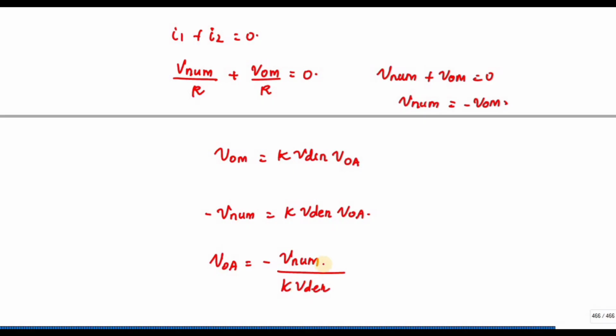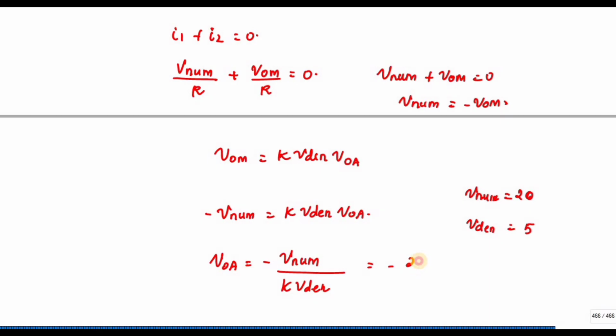Suppose VNum, let me take, is equal to 20. What am I going to divide? The divisor value I am going to give in VDEN.